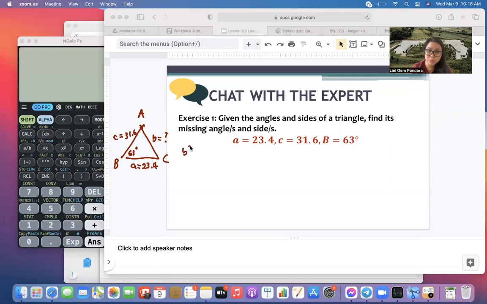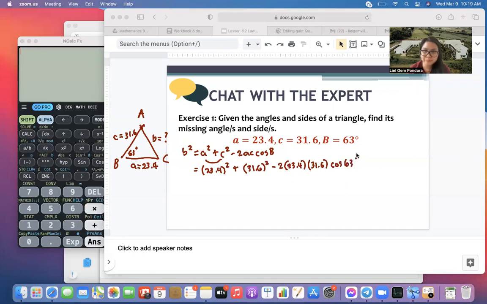The formula is B squared equals A squared plus C squared minus 2AC cosine B. So that's 23.4 squared plus 31.6 squared minus 2 times 23.4 times 31.6 times cosine of 63.